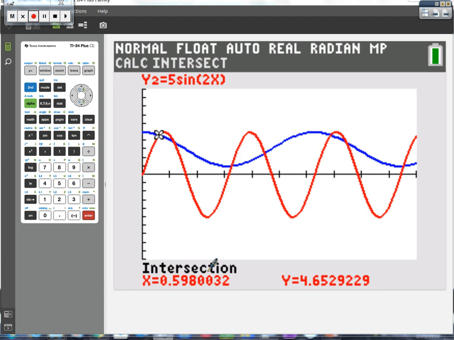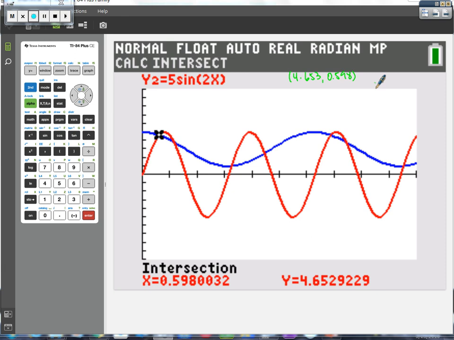So this is actually theta. It's not r. This is r. So our point is going to be 4.653 and then 0.598.